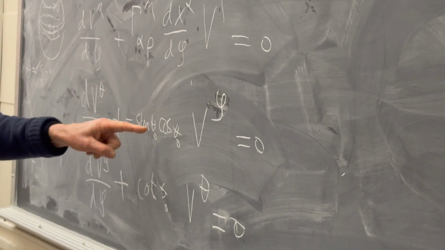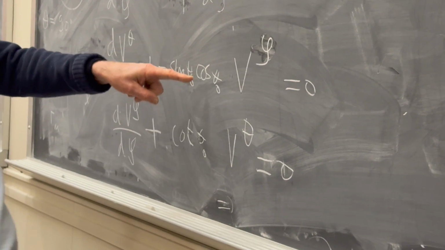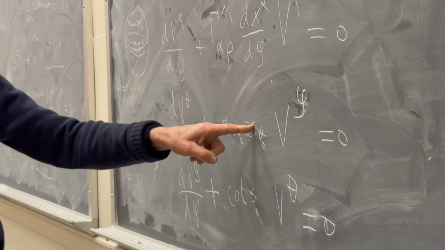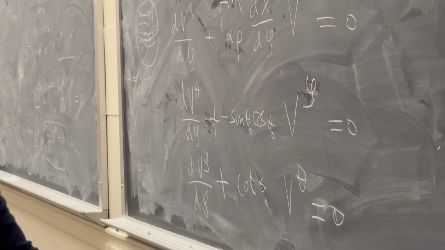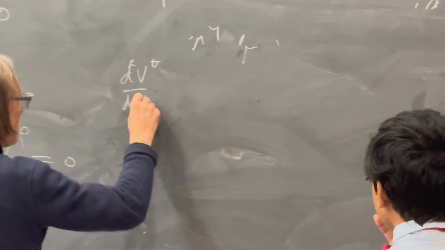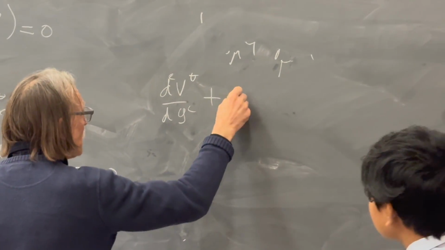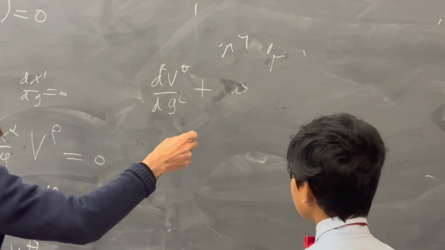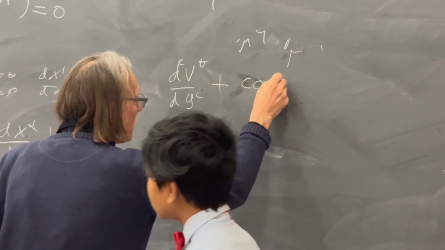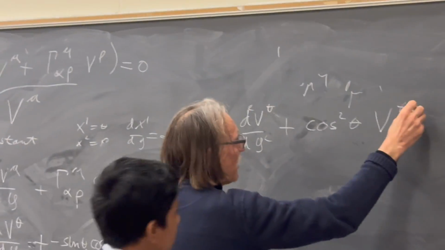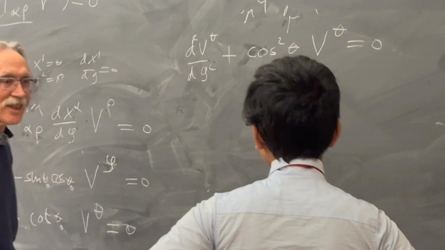So what you get here is the cotangent is the cosine divided by the sine, so this cancels, and this becomes the cosine squared. So the equation we get is that d squared v theta over d phi squared plus the, what did we have here? We had the cosine squared of theta times v theta is equal to 0. Do you see that?